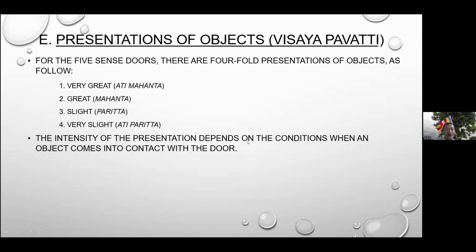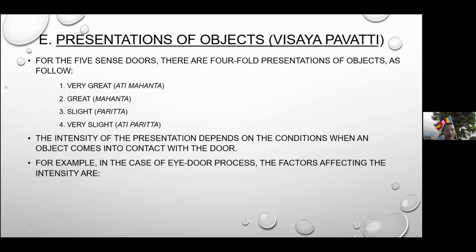The intensity of the presentation depends on the conditions when an object comes into contact with the door, whether it's classified as very great, great, slight, or very slight. It's not only the object itself, it also has other conditions that will determine whether the intensity is strong enough to be classified under which category.